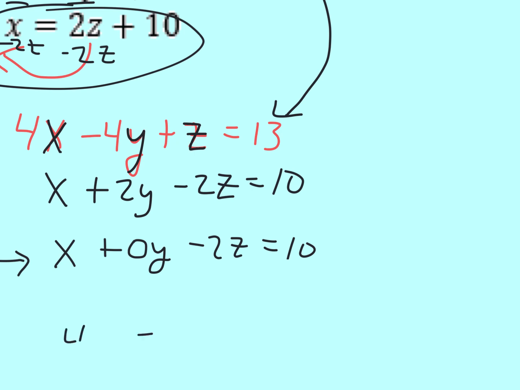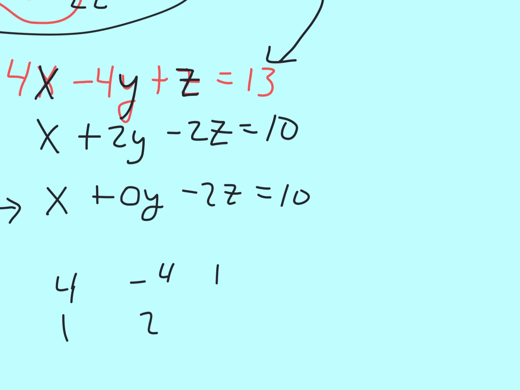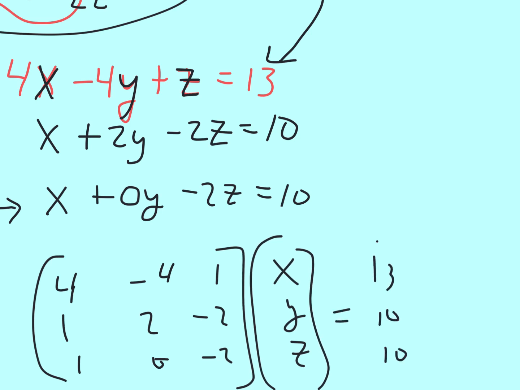It'd be 4, -4, 1, 1, 2, -2, and 1, 0, -2. X, Y, Z. 13, 10, 10. Except for A. Cool, we're done.